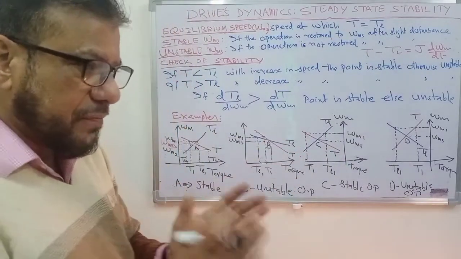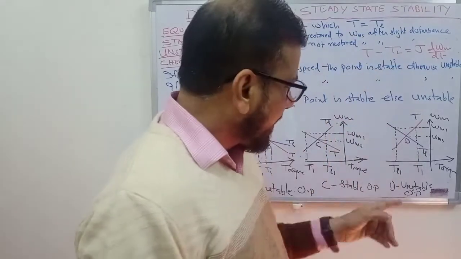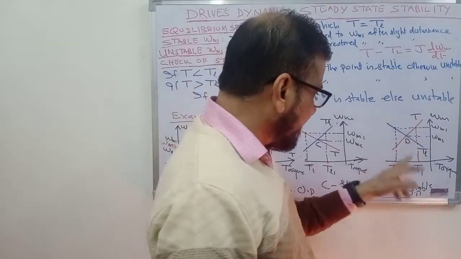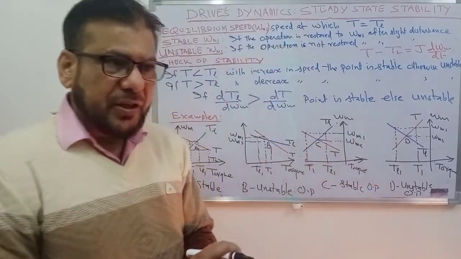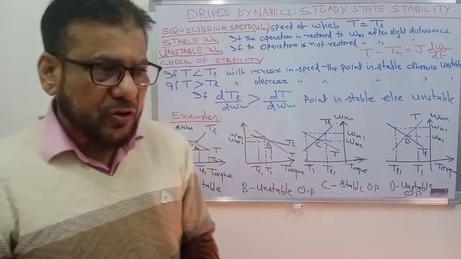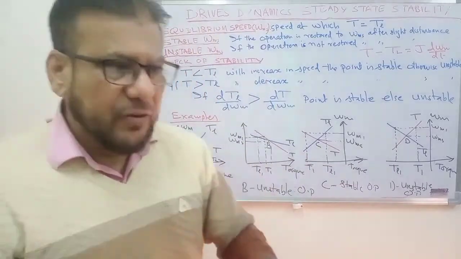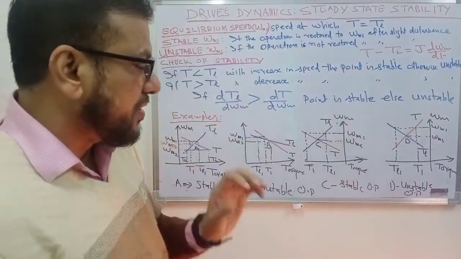Again, think in terms of magnitude. The motor speed has increased. For a stable operation, the driving torque should reduce. The magnitude of driving torque should become less than the magnitude of opposing torque, so that the motor speed is restored back to the original speed.